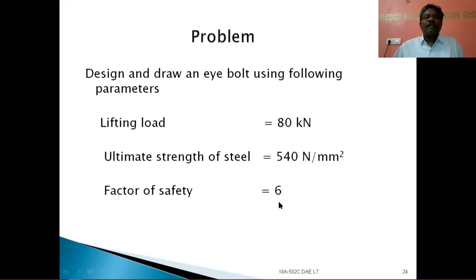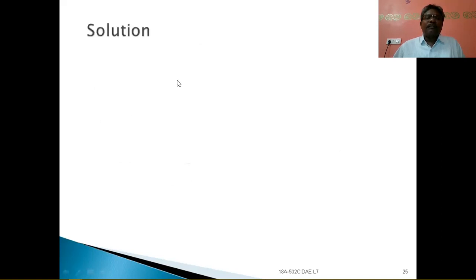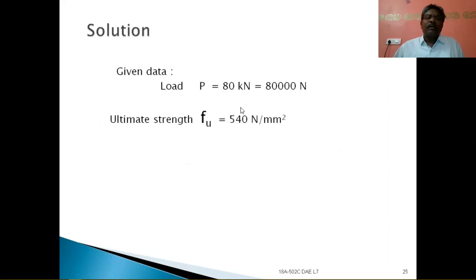So now let us see the solution. Here, first of all, design and draw. So data: load to be lifted is equal to 80 kilonewtons, which is nothing but 80,000 newtons. And ultimate strength of steel is equal to 540 Newton per millimeter square.